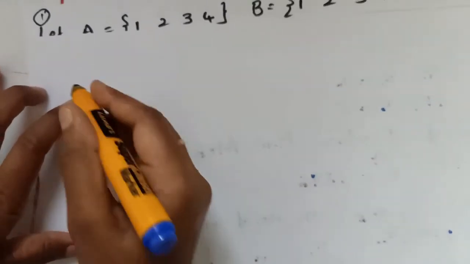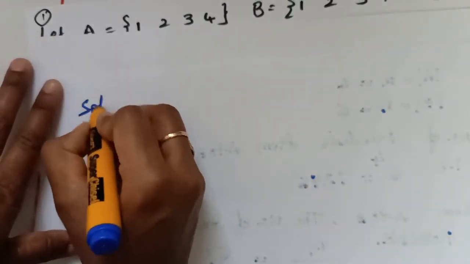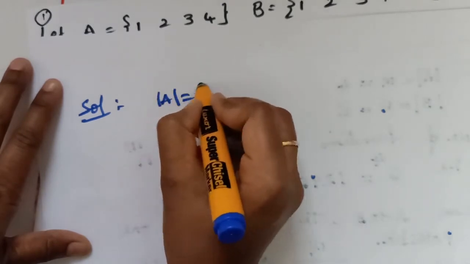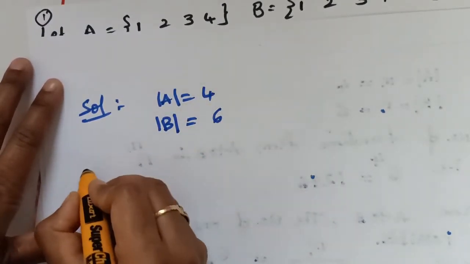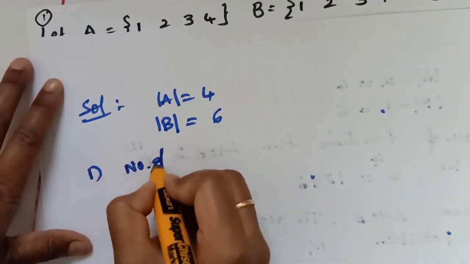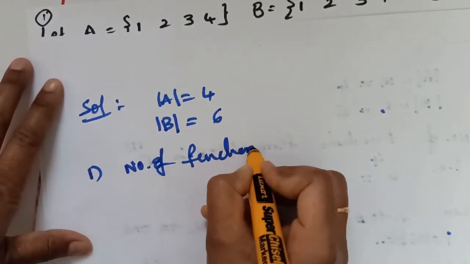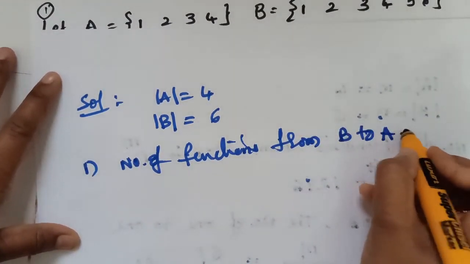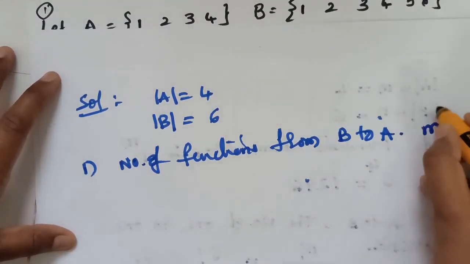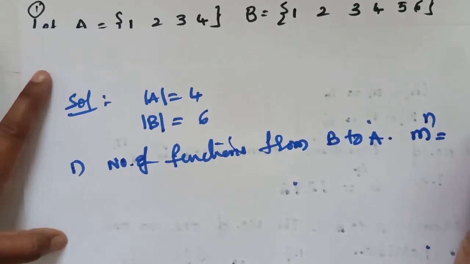Now, for the same sets, cardinality of set A is 4 and cardinality of set B is 6. First, the number of functions from B to A. From B to A, there are m power n possible functions.